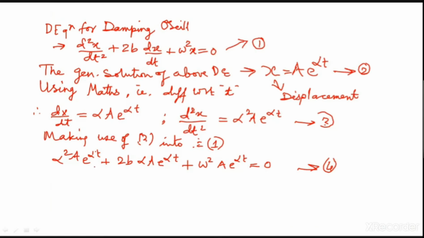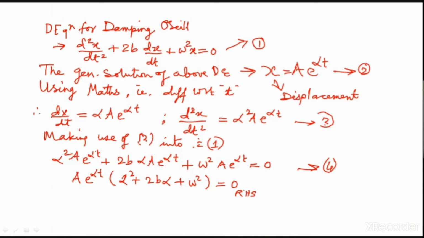So now I'll simplify this further, because a e to the power of alpha t is common. So this alpha square plus 2b alpha plus omega square is equal to 0. Here, this is the RHS.